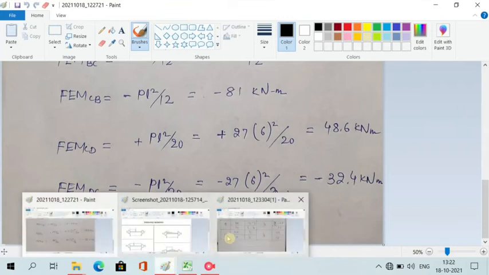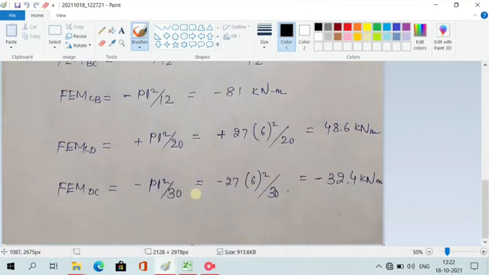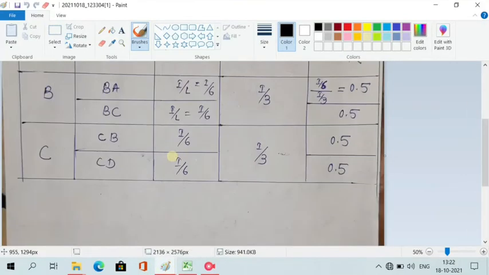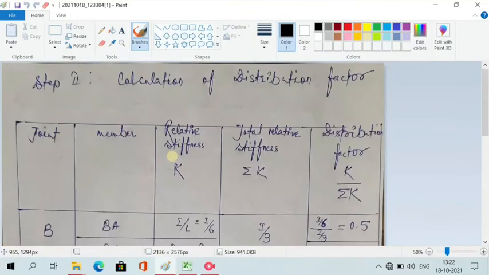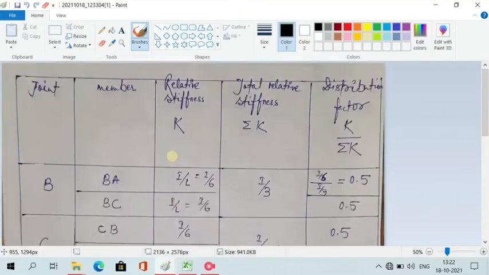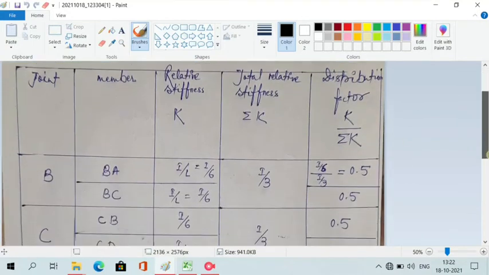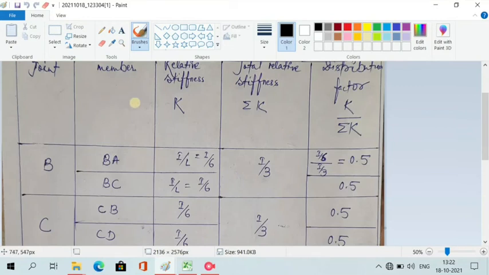Now our second step is the calculation of distribution factor. Now we will calculate distribution factor. So here we have calculated distribution factor like this. You can see joint, member, relative stiffness, total relative stiffness, distribution factor. At joint B the members are BA and BC.